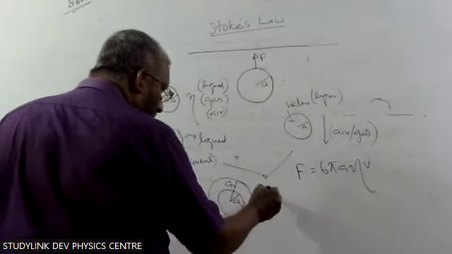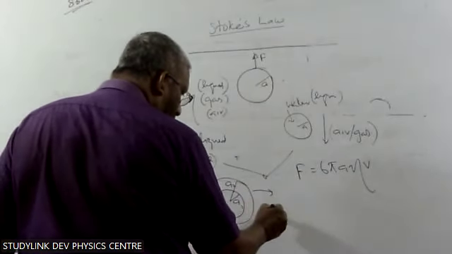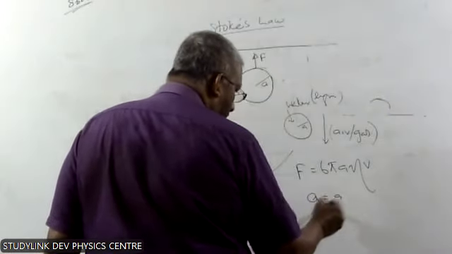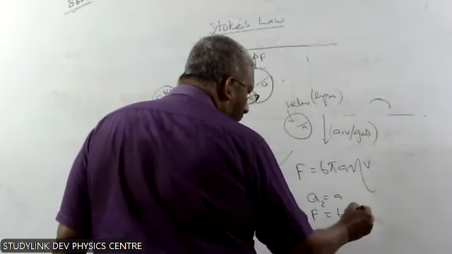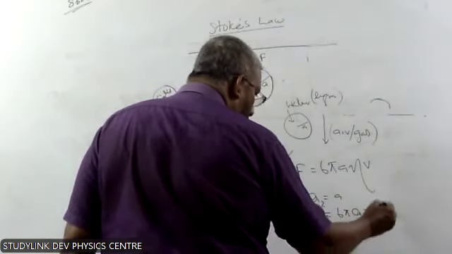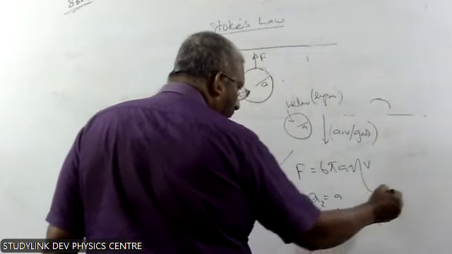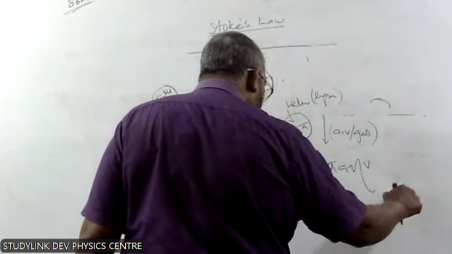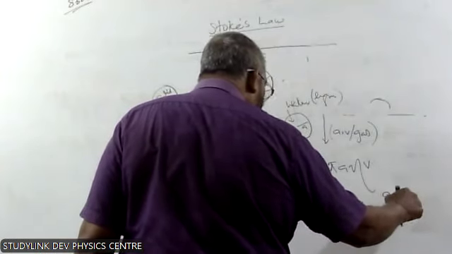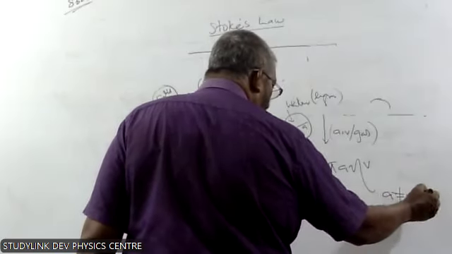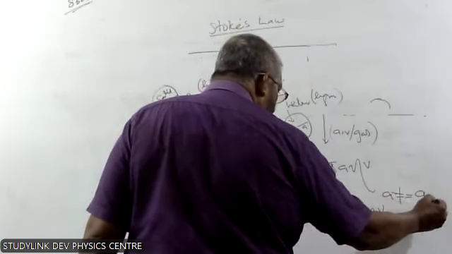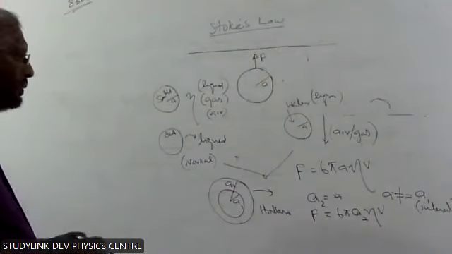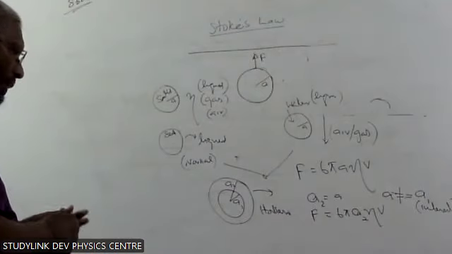In this case, when it is hollow, the external one, A2 is equal to A. Then F equals 6 pi A2 eta V. It is not the internal radius A1. Note down all those. All situations you have to understand properly.